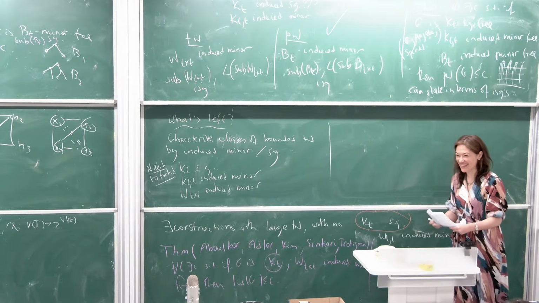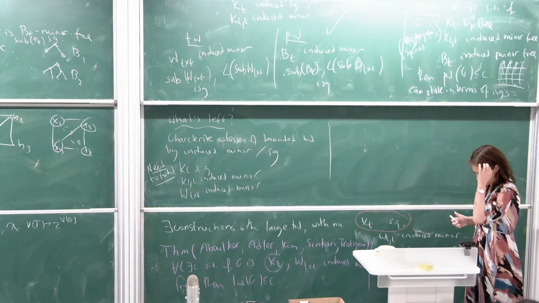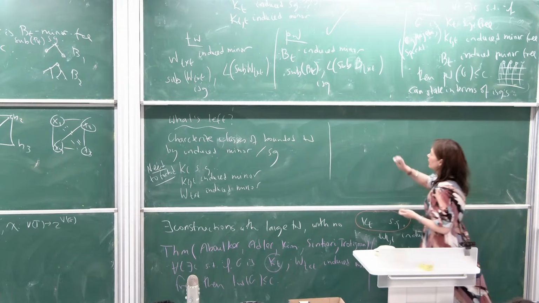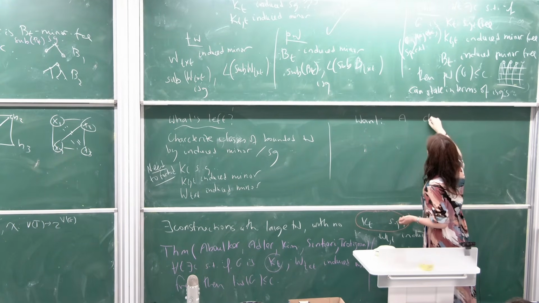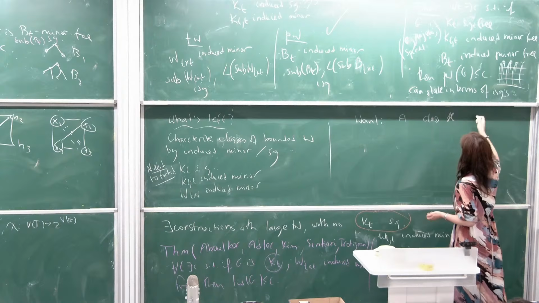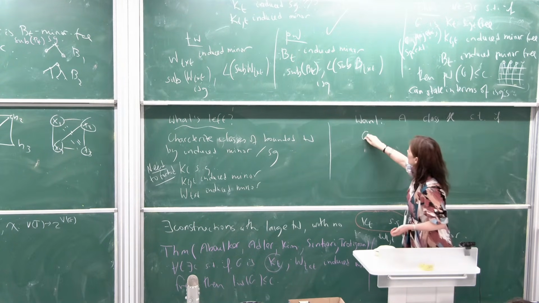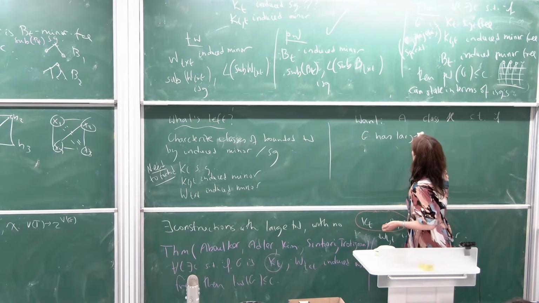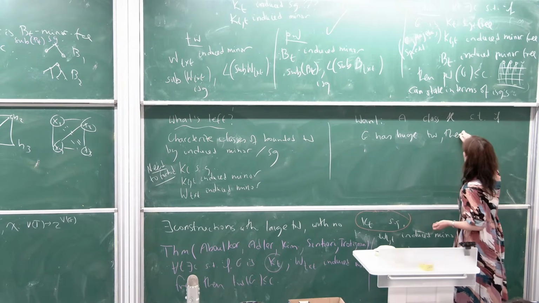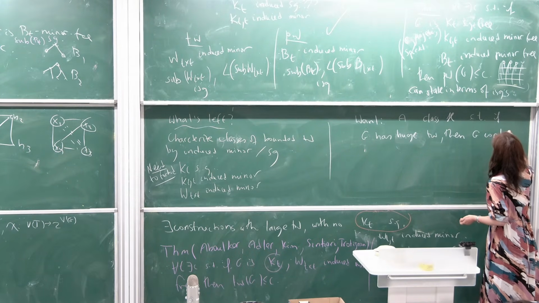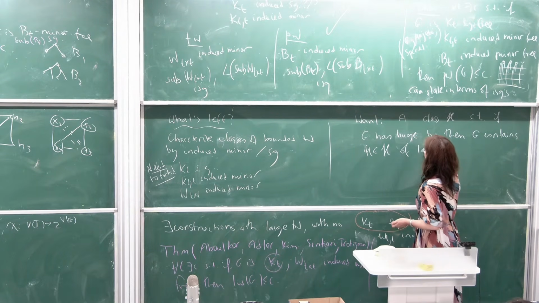So now let me say what I mean. Class H such that if G has large treewidth, huge treewidth, then G contains H and H has large treewidth.